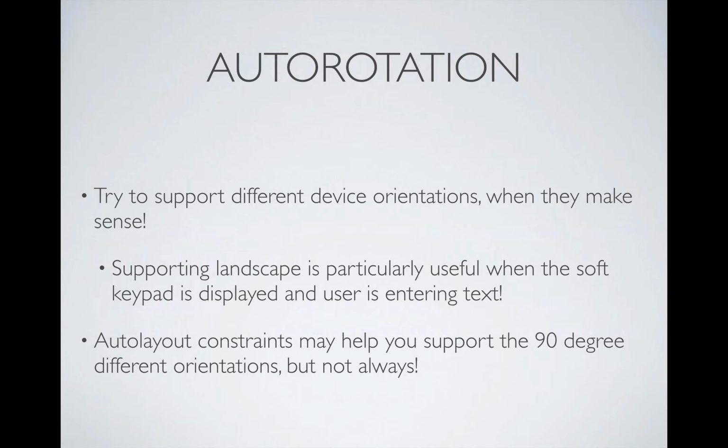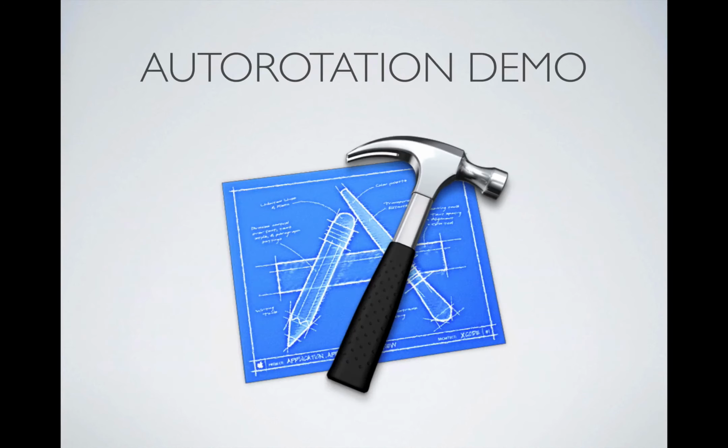But sometimes when we're doing those 90-degree orientation shifts, the auto layout constraints might not be enough. For example, on an iPad, often we'll use split views, where when we're in landscape, we'll show the view in a split view, but when we go back to portrait, you'll see only one view with a popover up on the navigation bar. And so in some situations, we might want to do more than auto layout constraints.